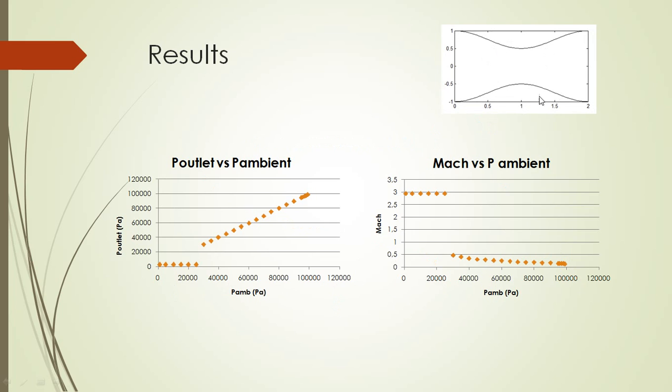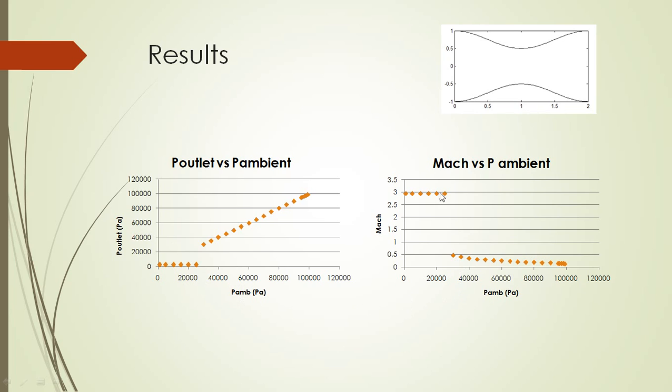After that, with this other nozzle, we evaluate the Mach versus ambient pressure and the exit pressure versus the ambient pressure. And in this case, we can see that at very low ambient pressures, we are in the case of overexpanded. We have supersonic Mach and exit pressure different to the ambient pressure.